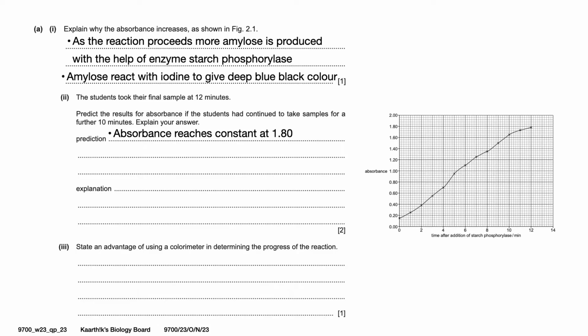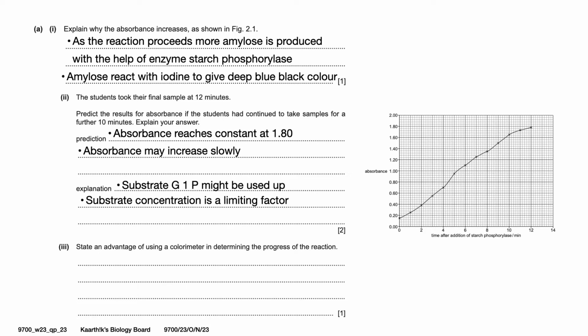So at 1.8 itself it should reach constant, or if not, the absorbance may increase very slowly after 1.80 till the value 2. So the proper explanation for this is that the substrate G1P might be used up, or substrate concentration is a limiting factor, or the colorimeter reaches its maximum absorbance limit of 2.0.